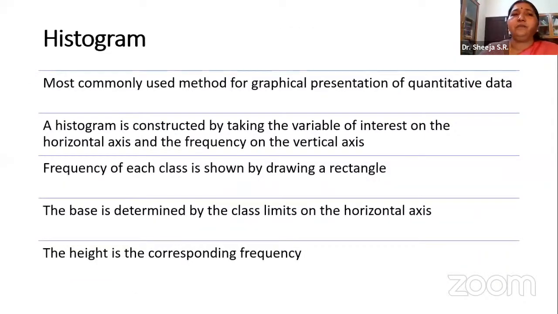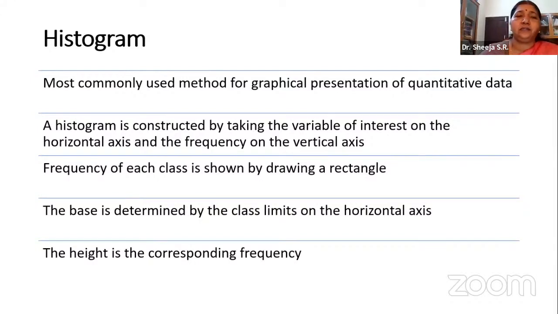So the histogram is the most commonly used method for graphical presentation of quantitative data. That is important. Histogram is usually used for graphical presentation of quantitative data and frequency of classes. Always we take the variable of interest on the horizontal axis and frequency of different classes on the vertical axis.